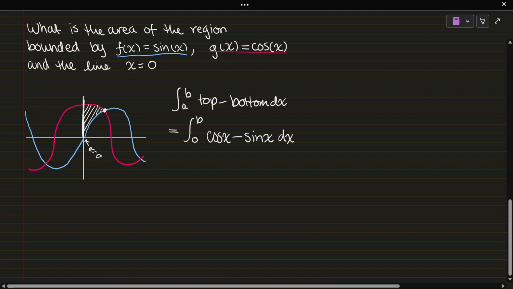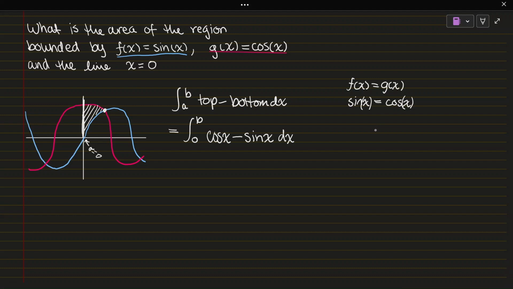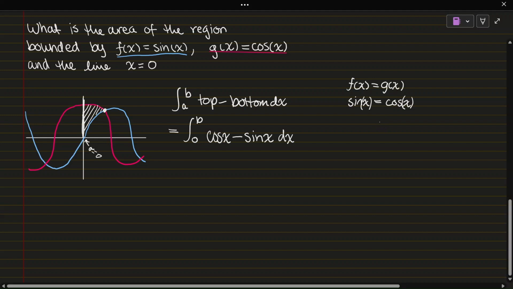Now we got to find b. So b happens when f of x equals g of x. That's when the two curves overlap. So I need sine x to equal cosine x. Now, if you're familiar with trig, you'll know that this happens between 0 and pi over 2 when x equals pi over 4.